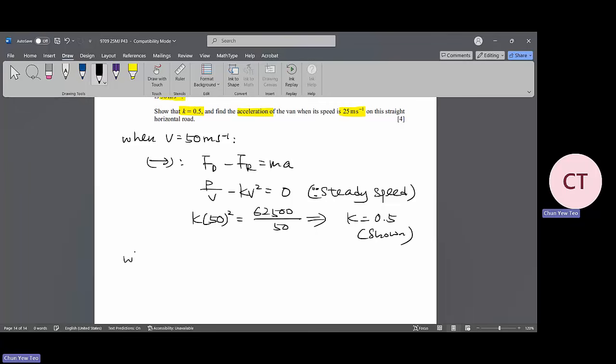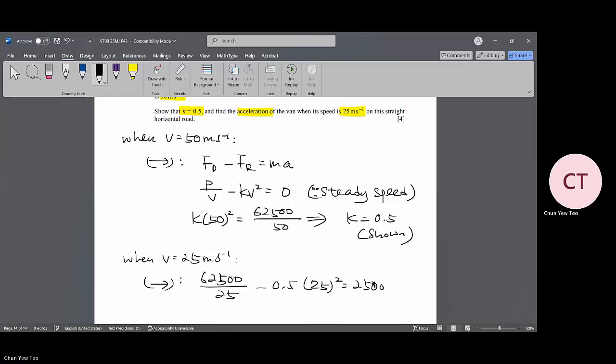Now we want to find the acceleration when v has become 25 meters per second. Again, if you resolve the forces horizontally, we just need to change the driving force, which will be 62500 divided by 25, minus kv², is equal to 2500 a.